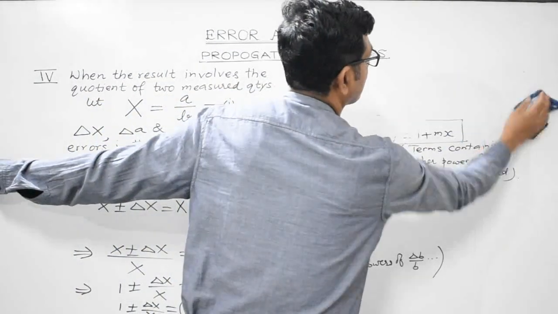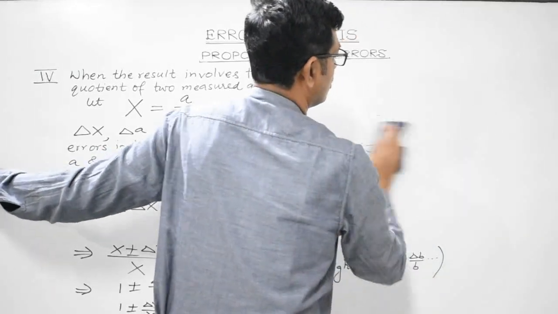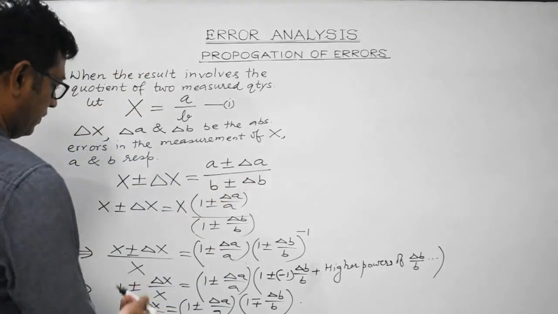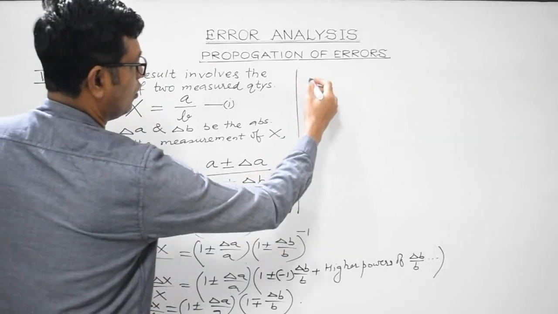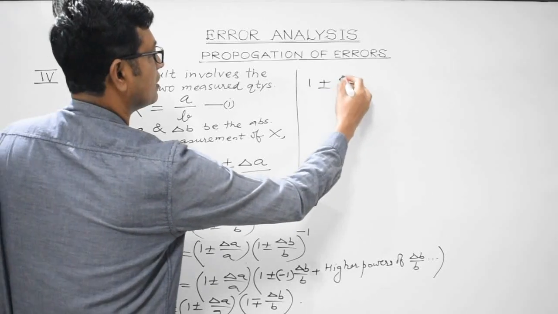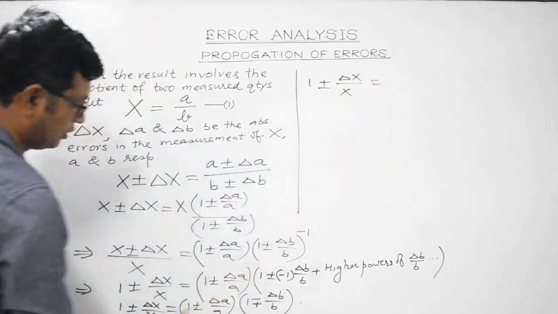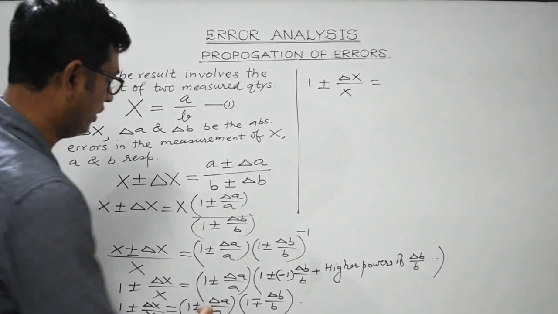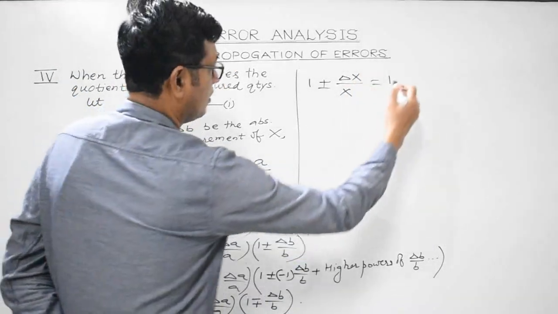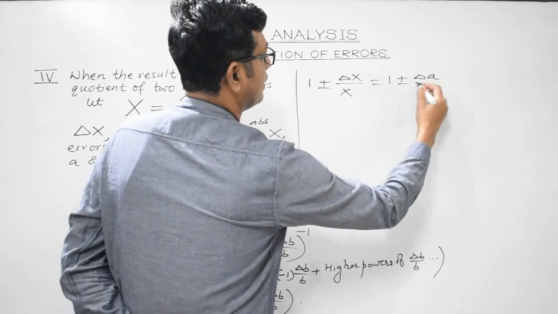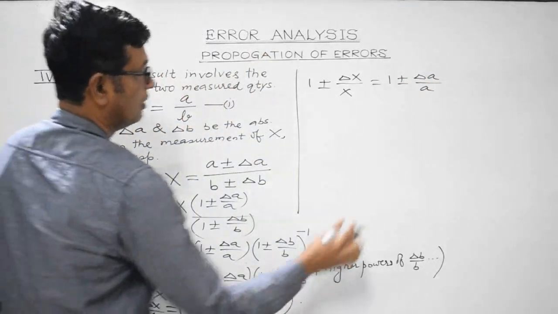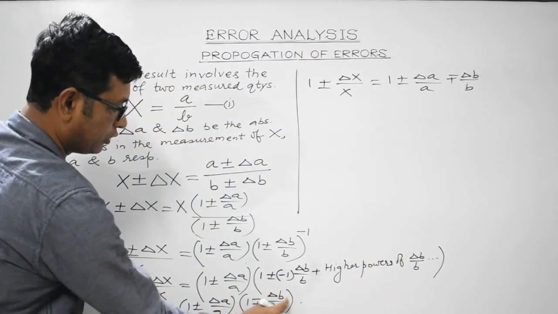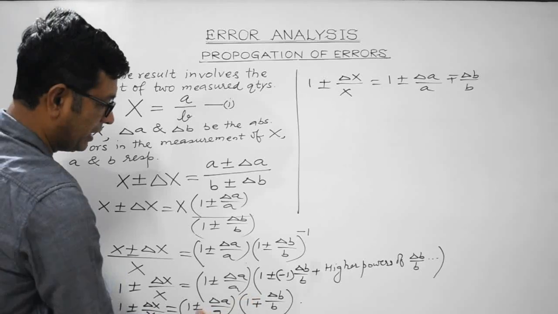On further evaluating it, what we get is 1 plus minus del x by x is equal to, just open the bracket and do the normal calculations. So 1 plus minus del a by a, then minus plus del b by b, then the product of these two terms, plus minus minus minus plus minus.